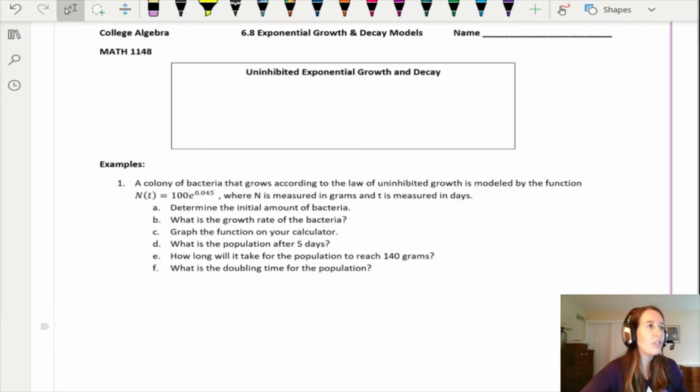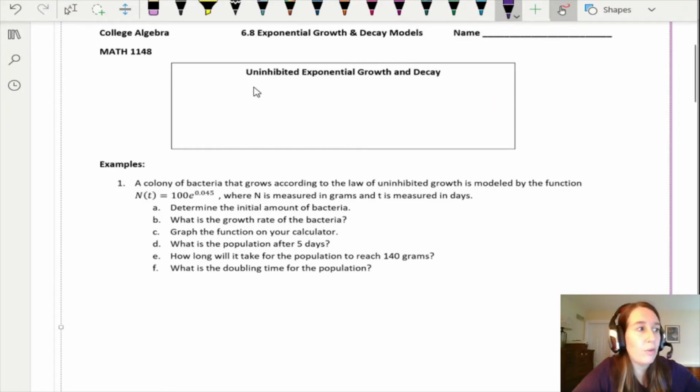All right, so first of all, a little formula for uninhibited exponential growth and decay. So uninhibited exponential growth and decay, that truly means it is going to be a science application. And there are so many different things in science that we're going to look at for this.